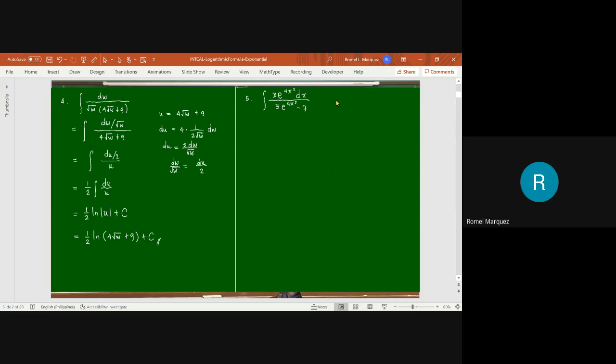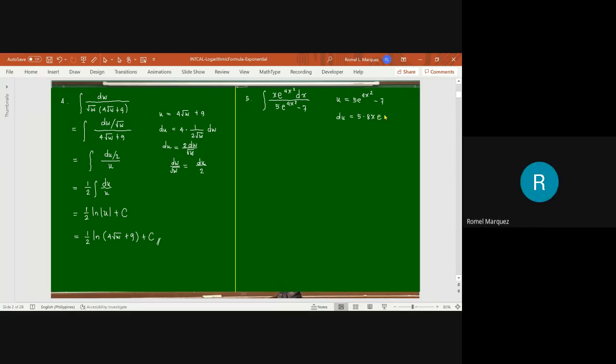So again, possibly u here is the denominator, 5 e to the 4x squared minus 7. What's the derivative of 5e to the 4x squared minus 7? So the derivative of the exponent of e is what? 8x, right?